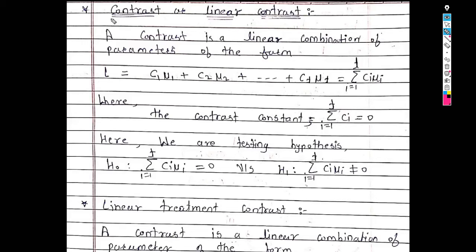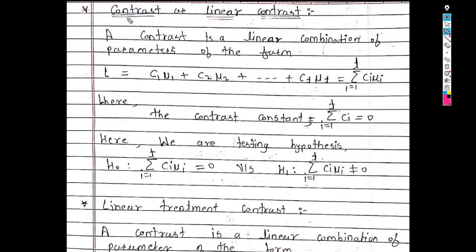Now we will start with our first topic, that is contrast or linear contrast. So we know that in completely randomized design, RBD or LSD, we define the hypothesis for treatment effect as: there is no significant difference between different treatment effects, versus the alternative hypothesis that at least two treatment effects differ significantly.